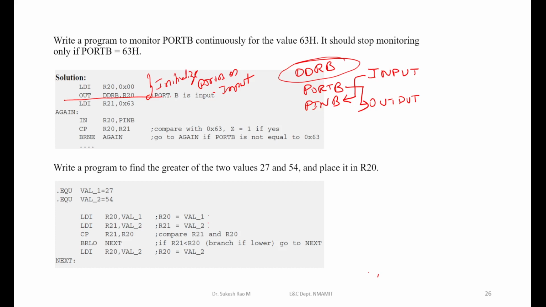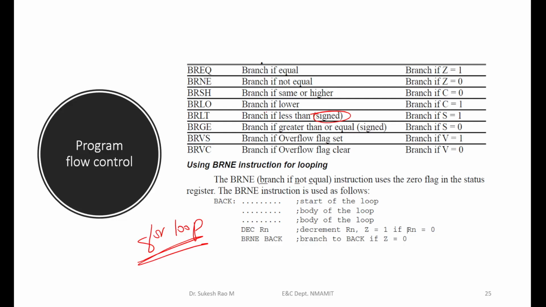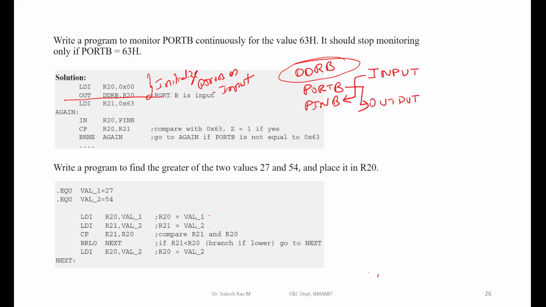These are the two registers loaded with the values, and you have a compare instruction and then BRLO. What does it mean? BRLO is branch if lower, for unsigned numbers. So what happens if they are lower? I'm going to make it go to the next. That means I am supposed to load, because R20 is having the smaller value now. If it is greater, then obviously value 2 will come to R20. That's the logic.